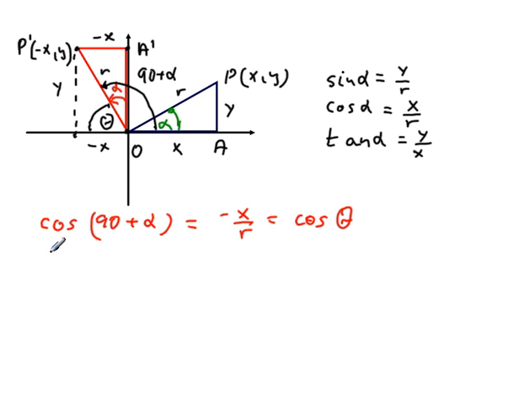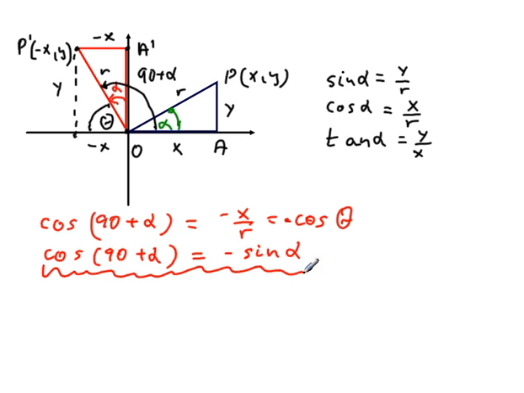So now we can say that cosine 90 plus alpha, instead of being equal to cosine theta, negative cosine theta I should say, is now equal to negative sine ratio of angle alpha. And this is what we wanted to achieve, that identity.